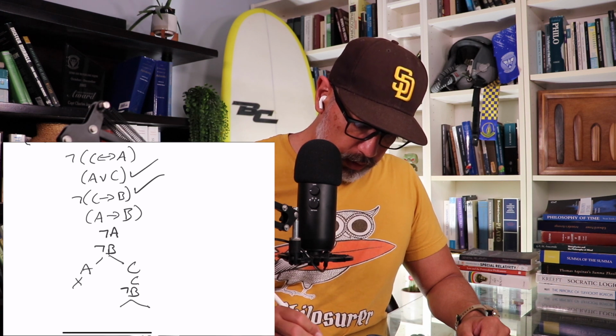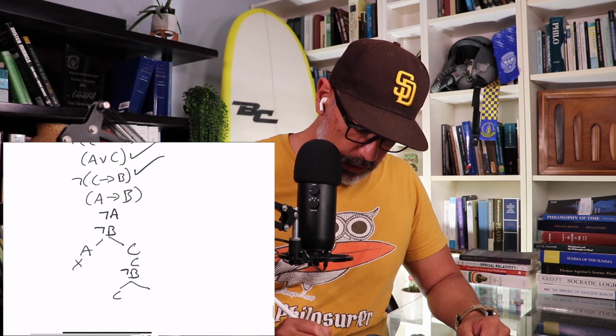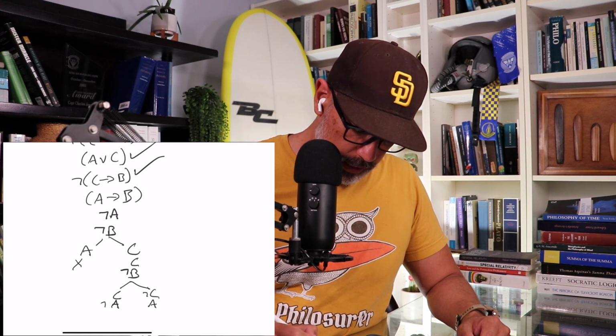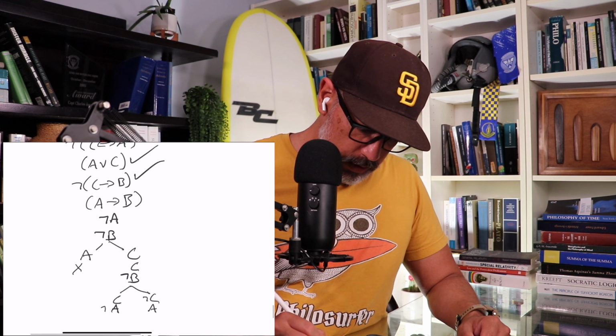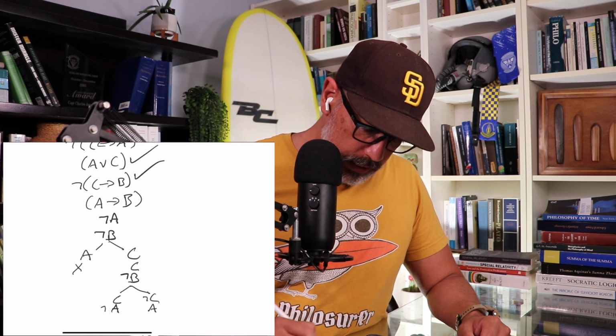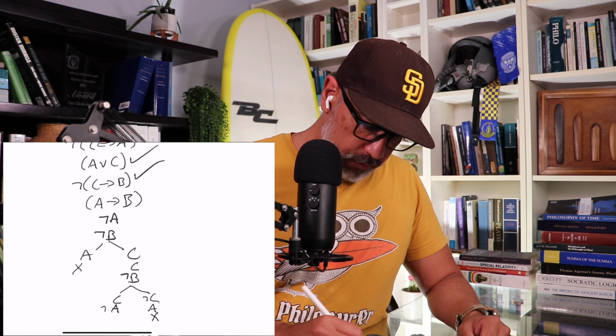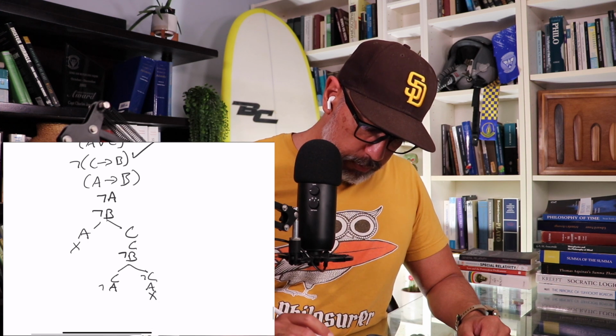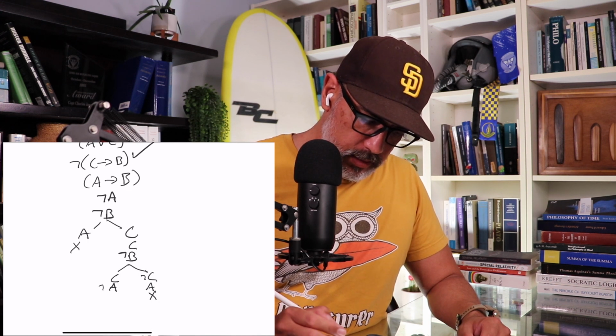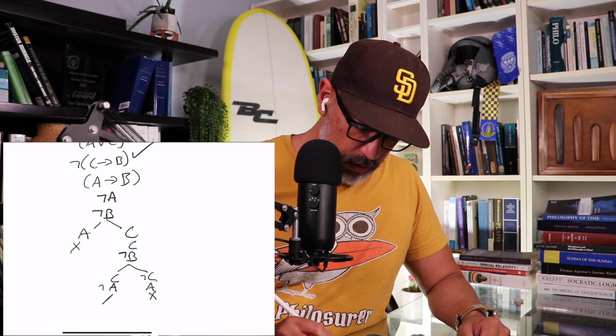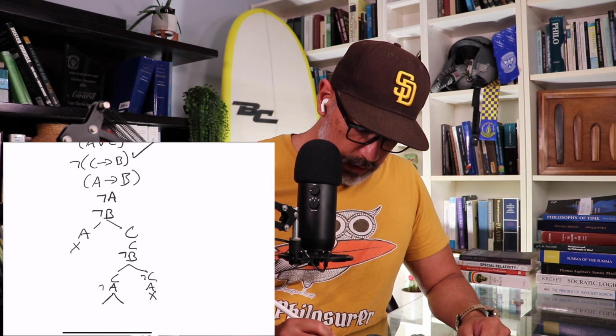Not C if and only if A. So that looks like this. C, not A, not C, and A. So it looks like the C and the not C on the right close off. But nothing's closed off on the left-hand side. And then we have if A, then B. And that looks like this.